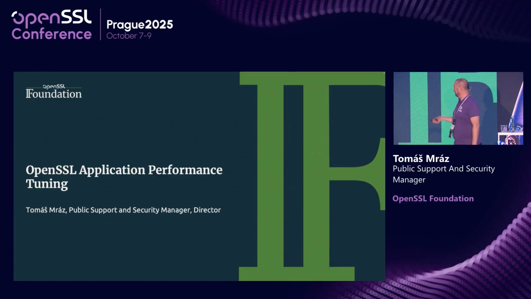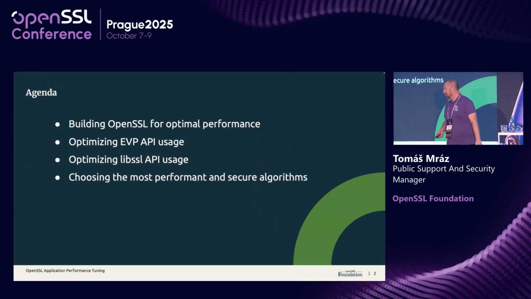So let's start with the boring part of the talk. This is our agenda. I will be talking about building OpenSSL for optimal performance. Then I will talk about optimizing EVP API usage, libSSL API usage somewhat, and also how you choose the most performant and secure algorithms.